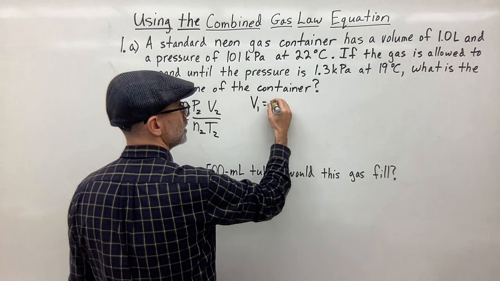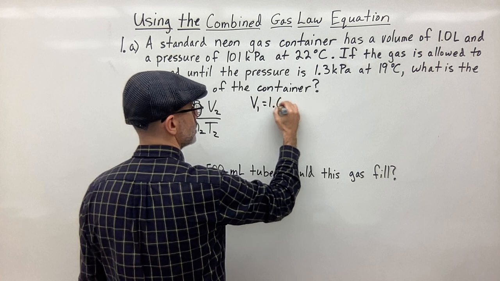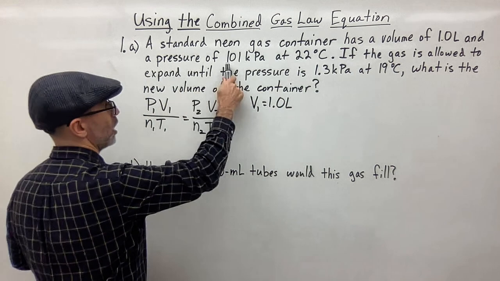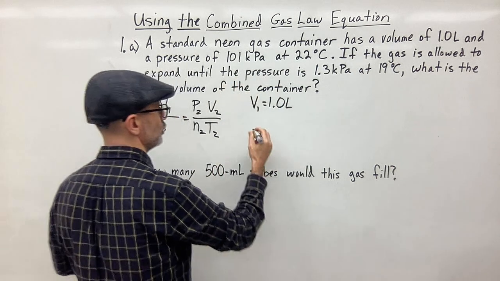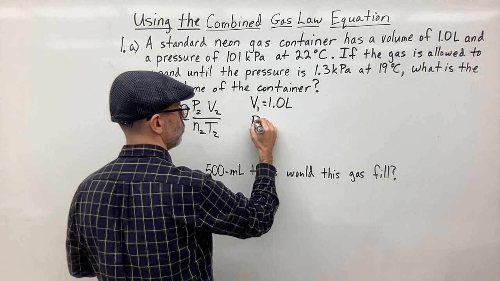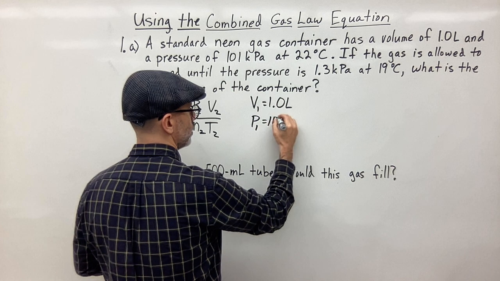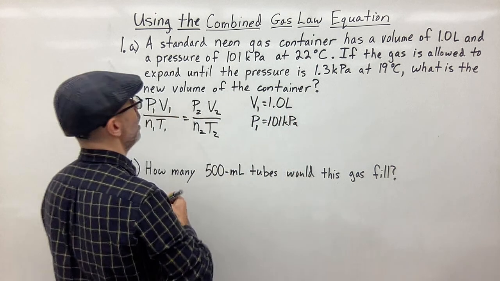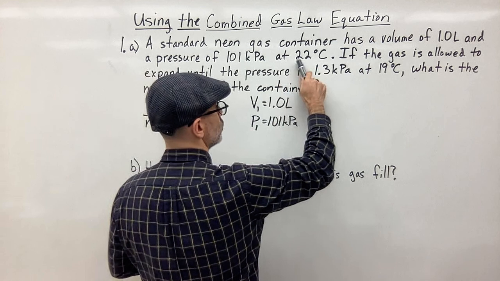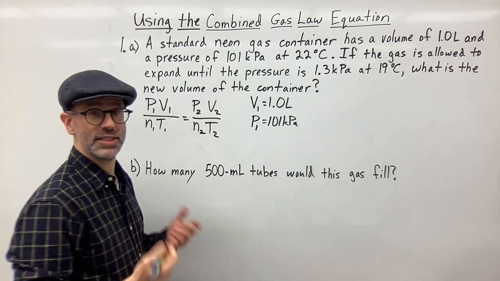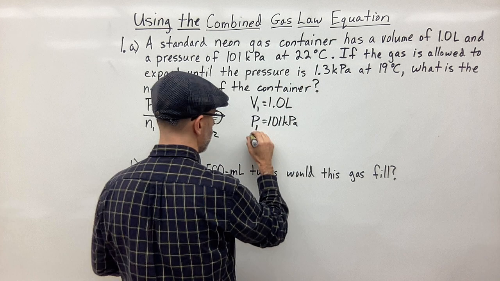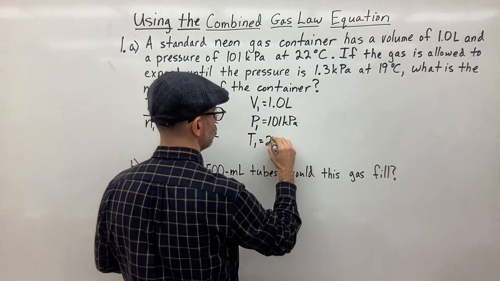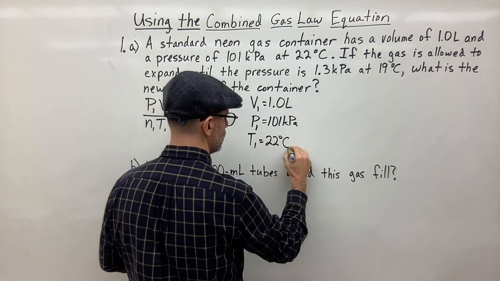V1 is equal to 1.0 liters. And a pressure of 101 kilopascals. Pressure, that's what we're starting with. That's P1. So that's equal to 101 kilopascals. At a temperature of 22 degrees Celsius, that's our T1. So T1 is equal to 22 degrees Celsius.